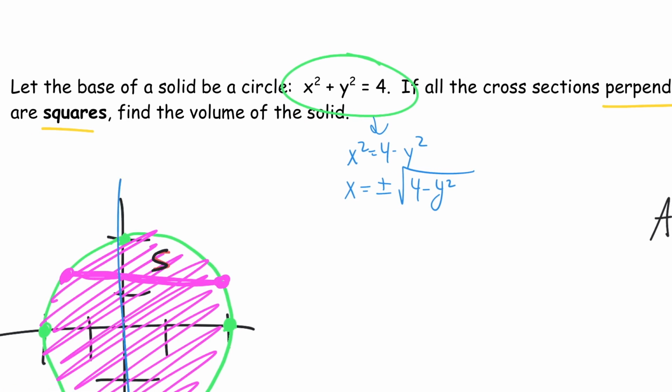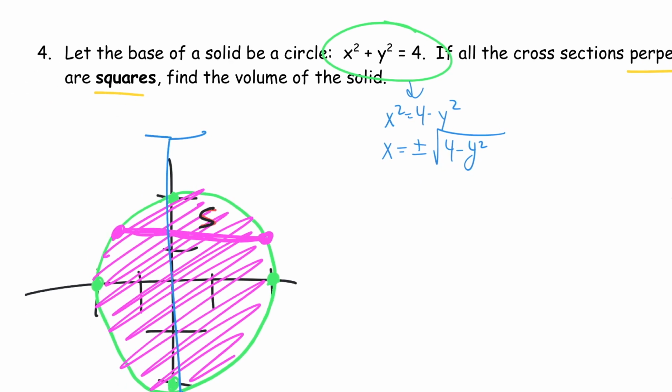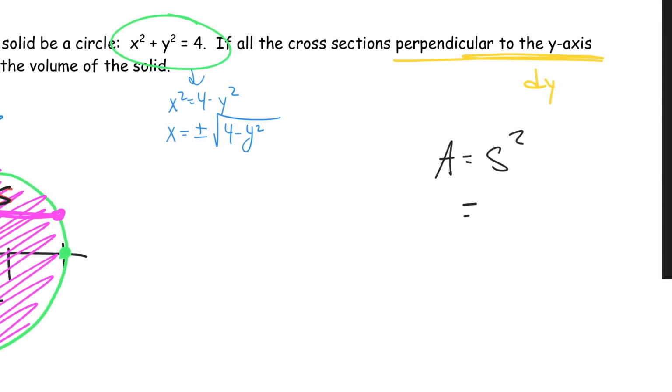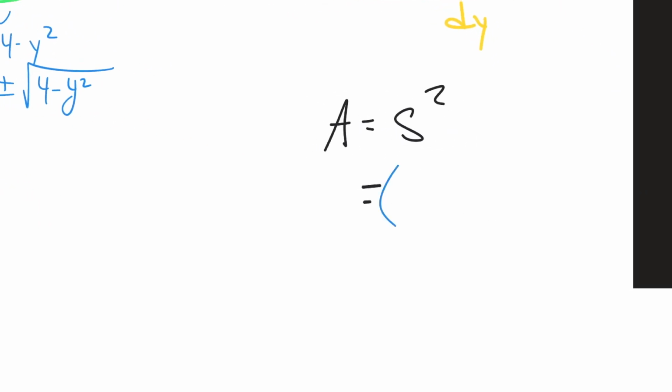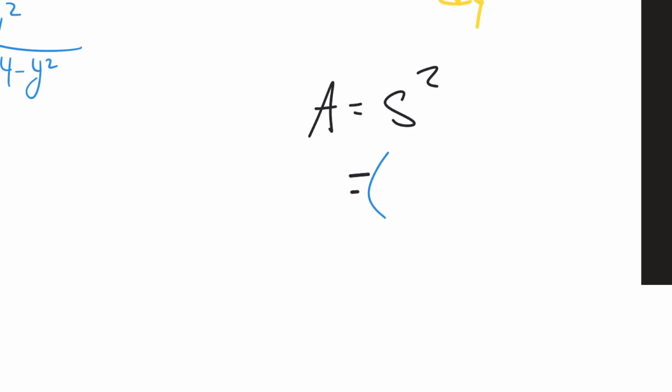Because the right half is going to be the positive version, and the left half will be the negative version of those square roots. So our side length is going to be the positive square root of 4 minus y squared minus negative square root of 4 minus y squared, all squared. So this is kind of crazy.